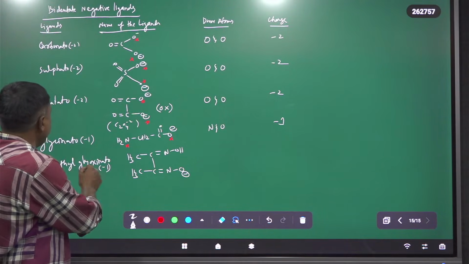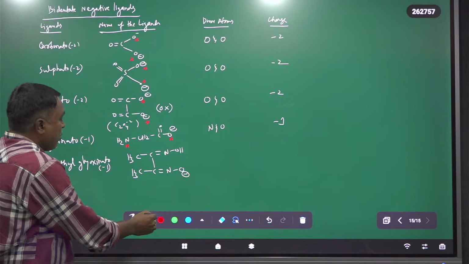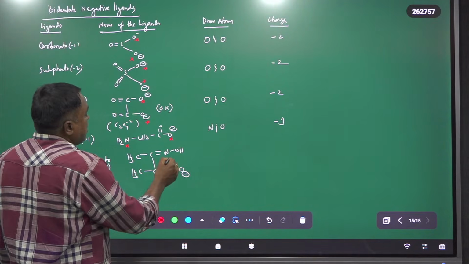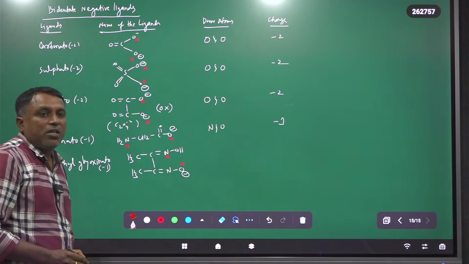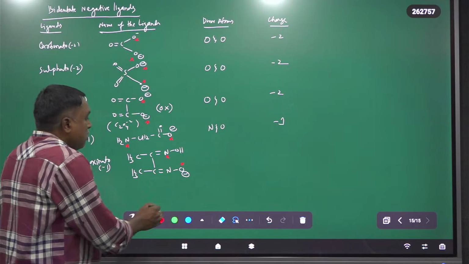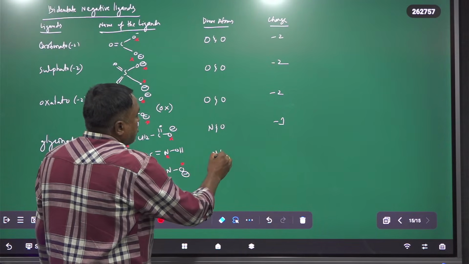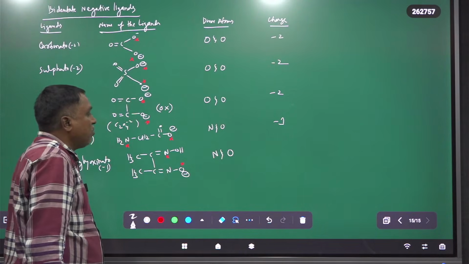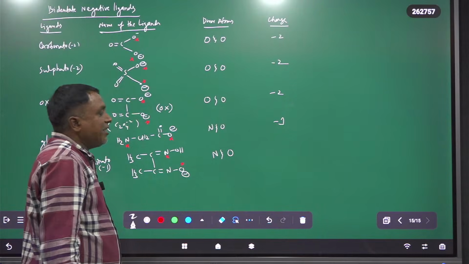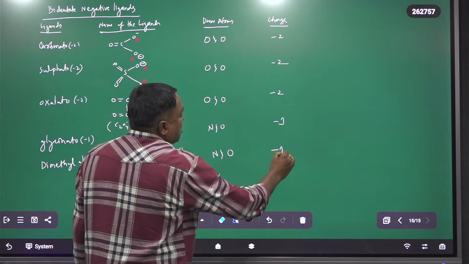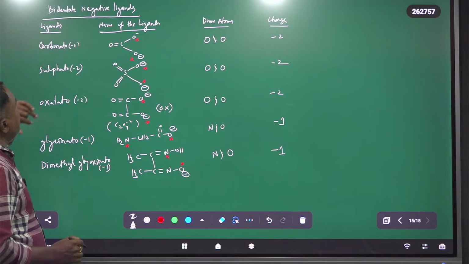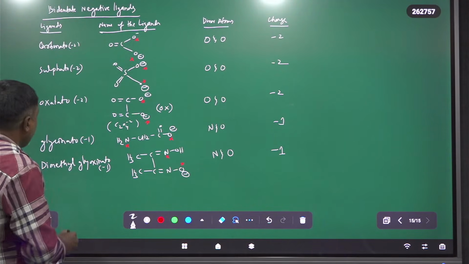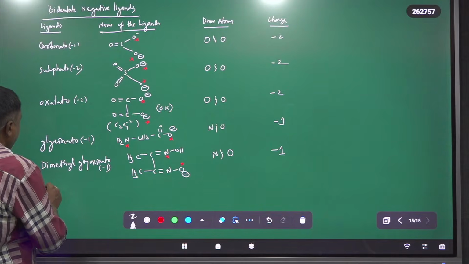Therefore simply dimethyl glyoximato minus 1. Nitrogen is a donor site and oxygen is also a donor site, so there are two donor sites, one at nitrogen and another at oxygen. Therefore this is also bidentate with one negative charge. So these are the important bidentate negative ligands. And one more, that is acetylacetonato.